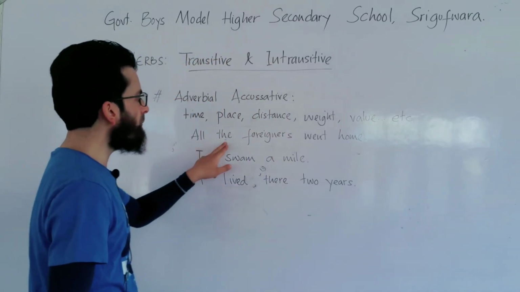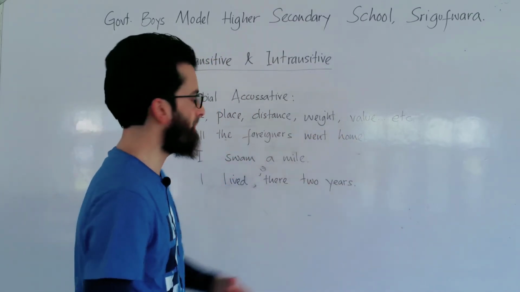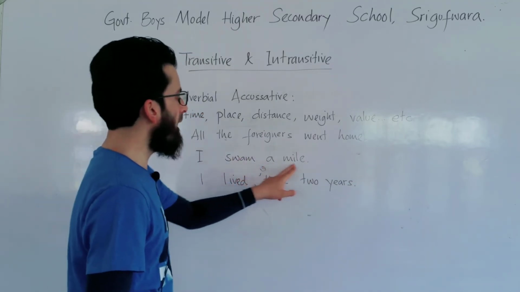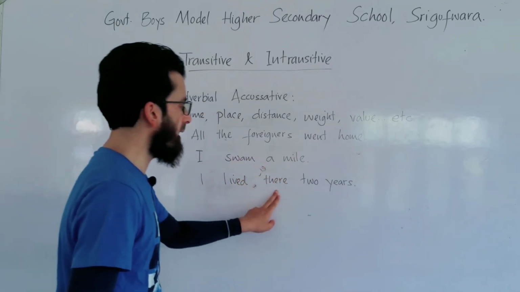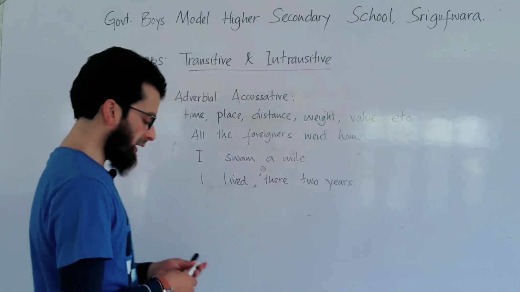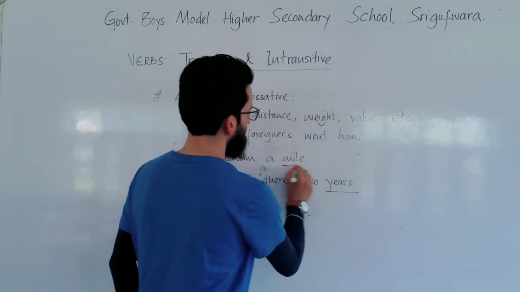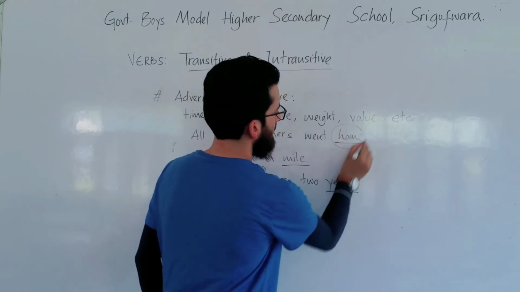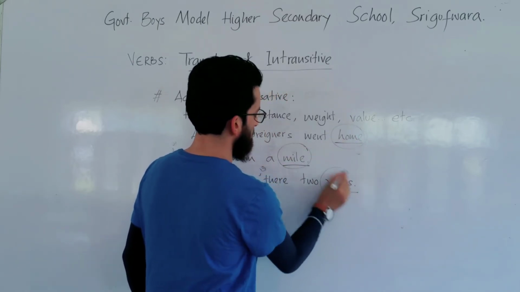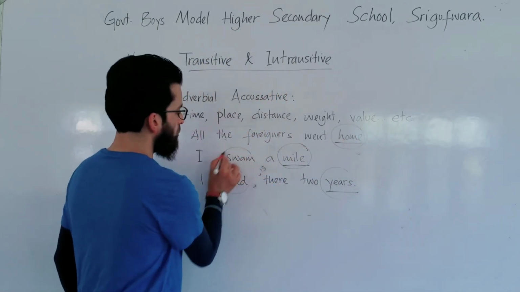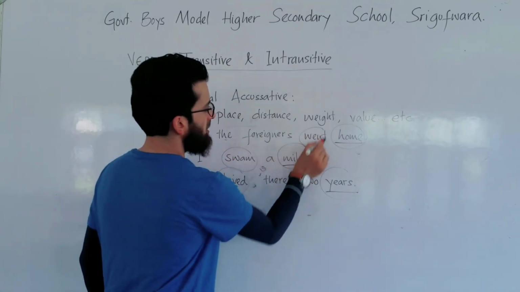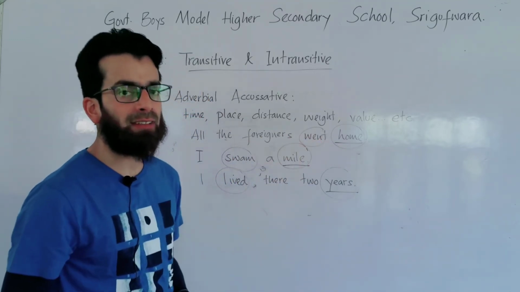All the foreigners went home. I swam a mile. I lived there two years. So years, mile and home are adverbial accusatives. And lived, swam and went are intransitive verbs.